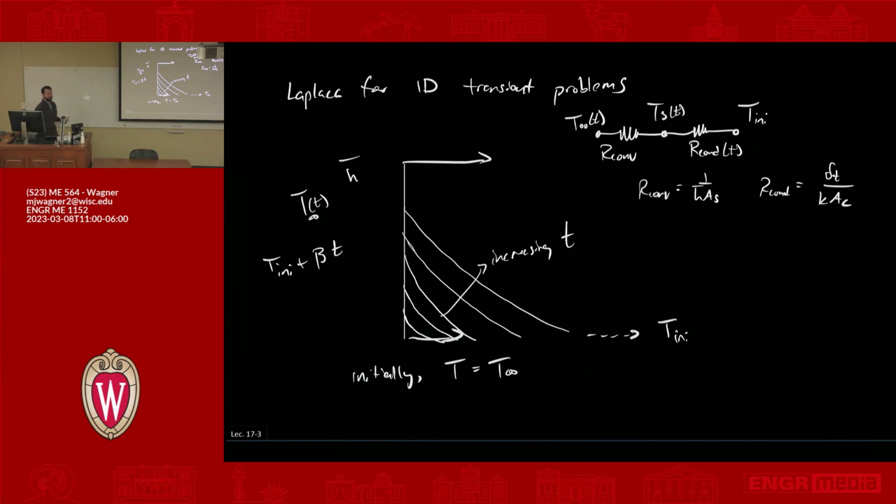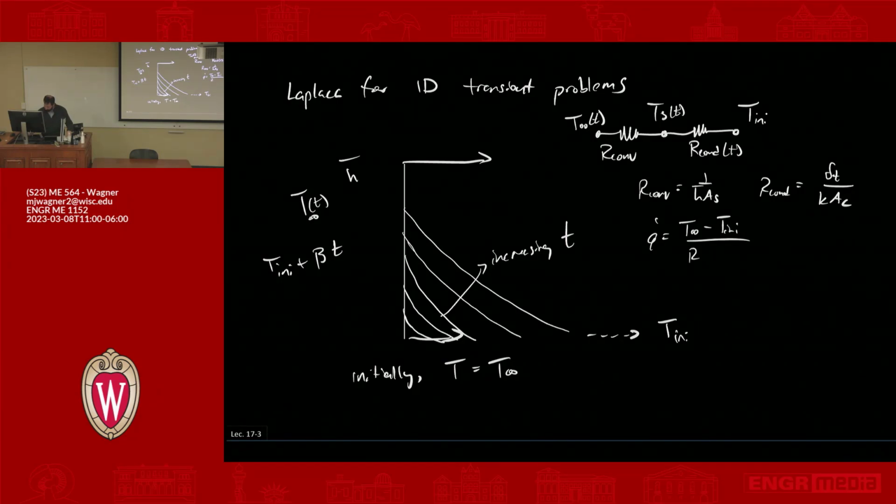So delta T is changing with time, which means this conduction resistance is changing with time. So we have those resistances, and then we write a heat transfer model. Q dot is equal to T infinity minus T initial over, these are in series, so R convection plus R conduction. T infinity is a function of time, by the way.